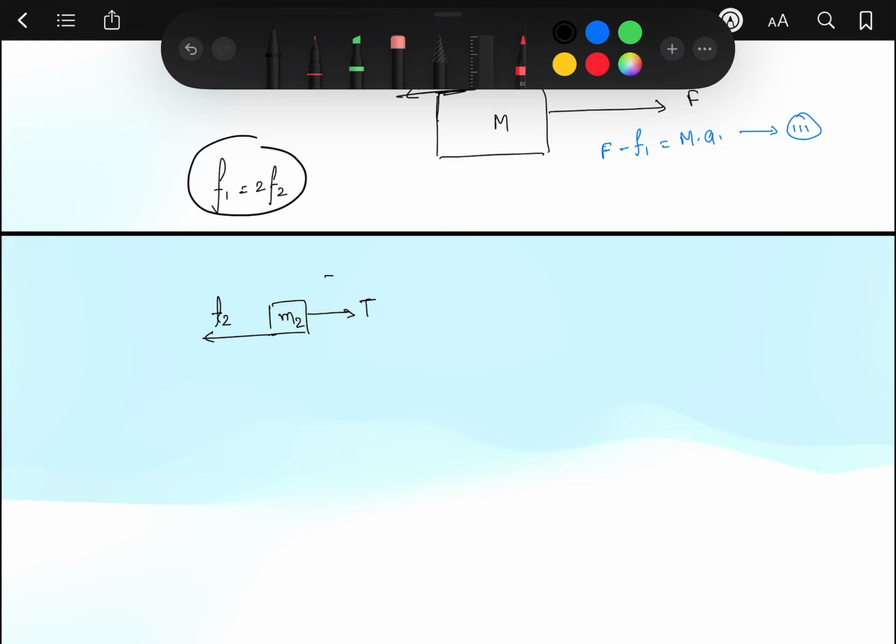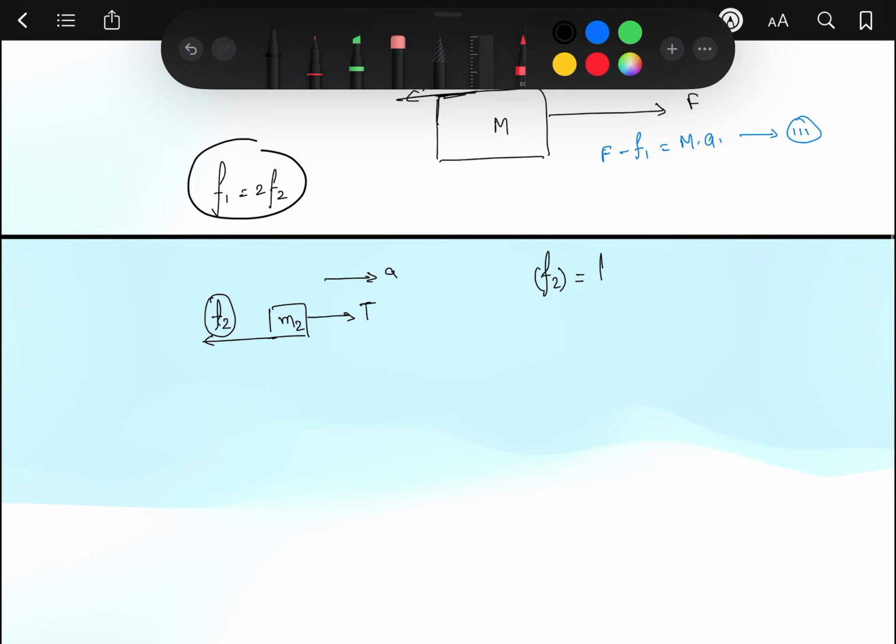If it is moving in forward direction with an acceleration, then what can be the value of this F2? This F2 will always cross the critical condition, that means this F2 will always be equal to the maximum value of friction, that is F2 max. That is what we had calculated here, 15 Newton.